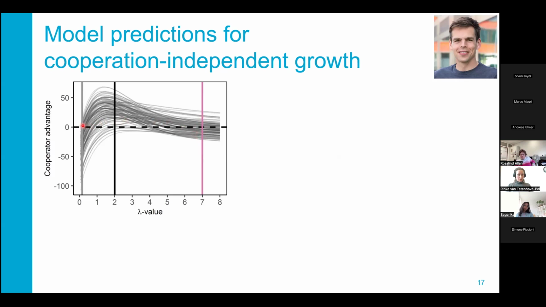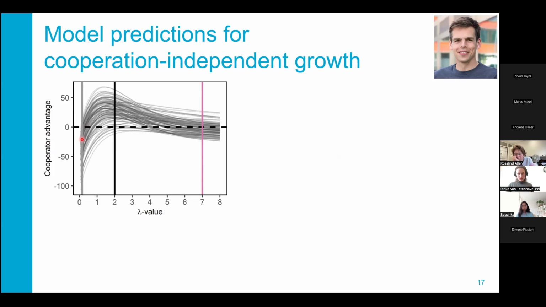On the other hand, we also see that if the lambda is very low, that means we have a lot of droplets with 1 or 2 cells, but very few with 3. That's actually the example as I showed it before. If the lambda is very low, we saw that the cheaters also outcompete the cooperators. And that was first a bit surprising to us.